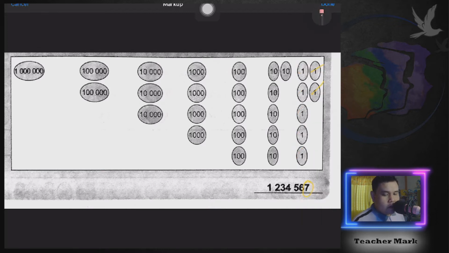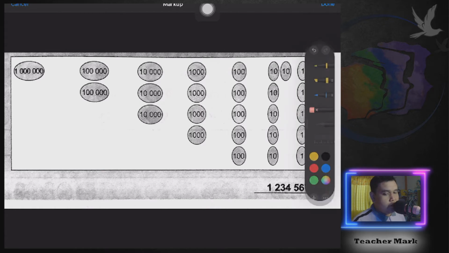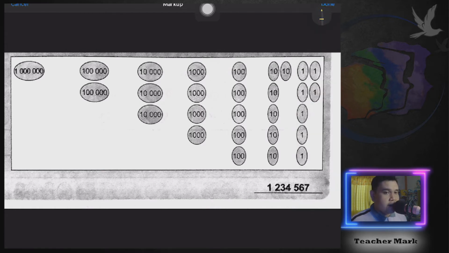So in that case, we have to start from the highest given place value, which in this case is 1 million. And all we have to do here is to skip count from that place value.